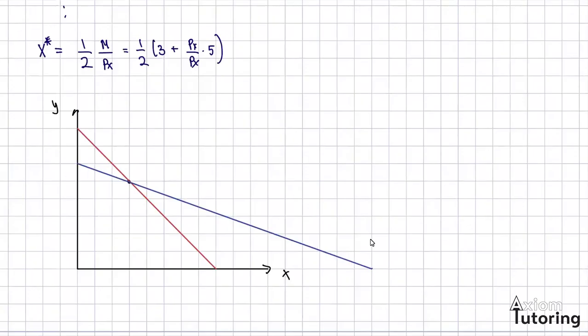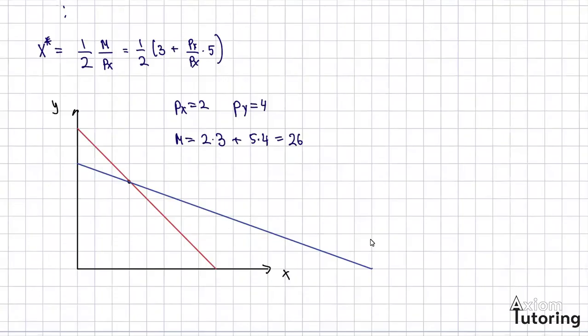Say, for example, the price of X was 2 and the price of Y was 4. What would be my budget constraint? Well, in that case, it would be easy. I'd say income would be equal to 2 times 3 plus 5 times 4. That's 26. And from there, I could draw the budget constraint.